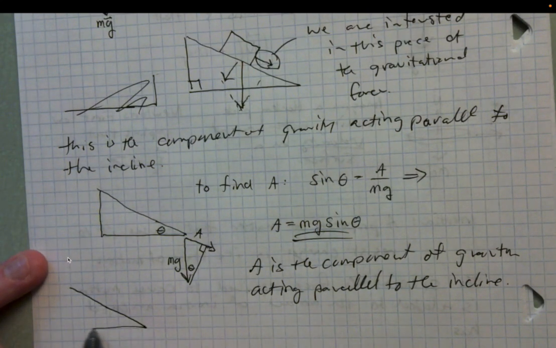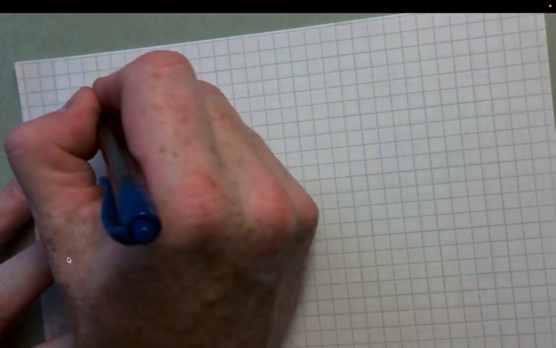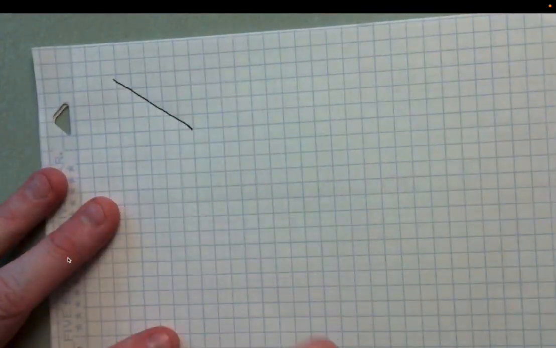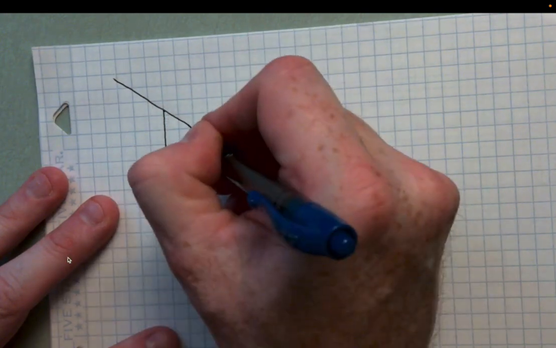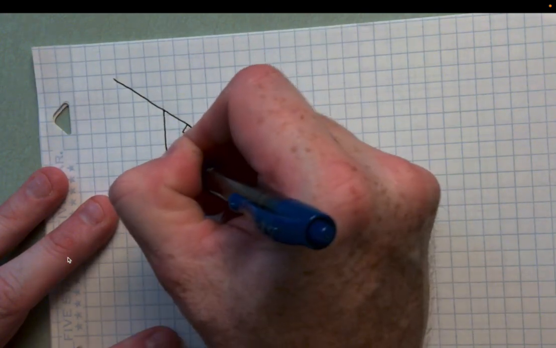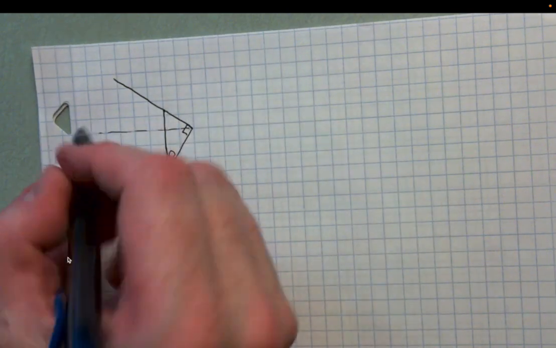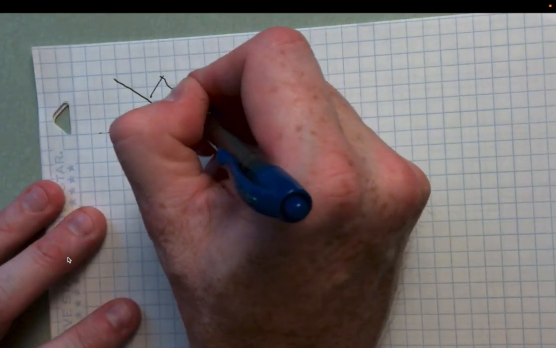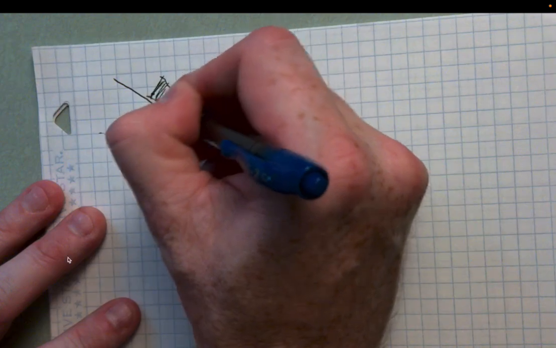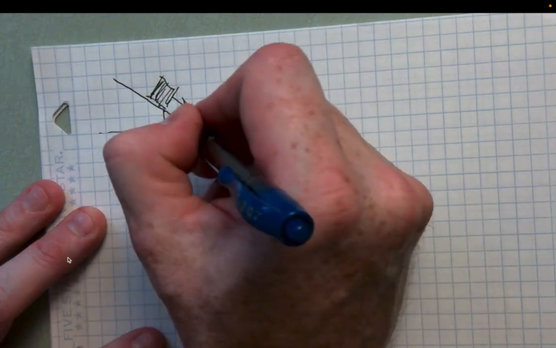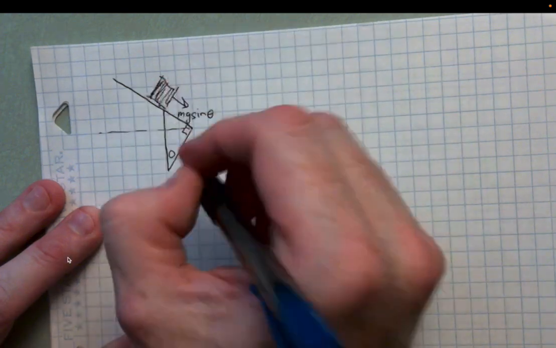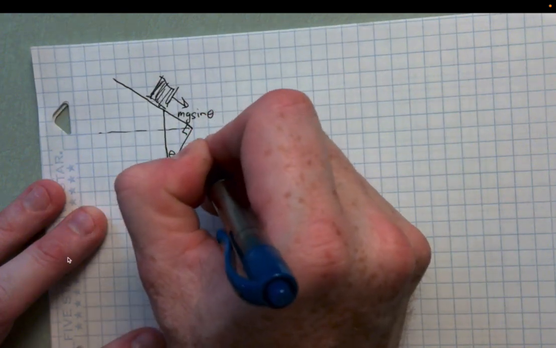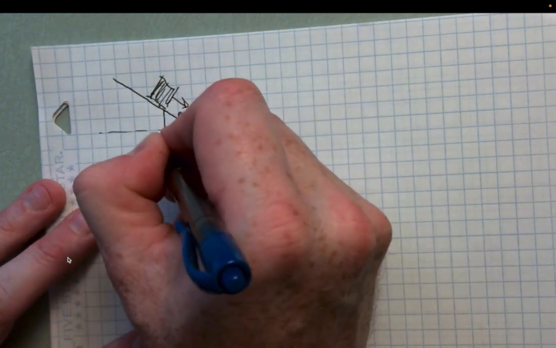Let me switch pages and draw this in here. So here you've got your incline, and gravity's coming straight down, and here's theta. The block is up here, and this is mg sine theta. This is mg cosine theta, and this is just mg.